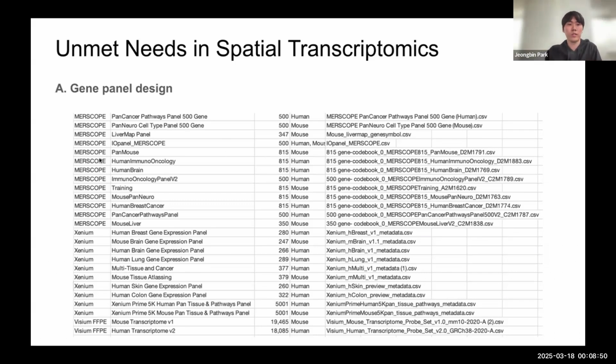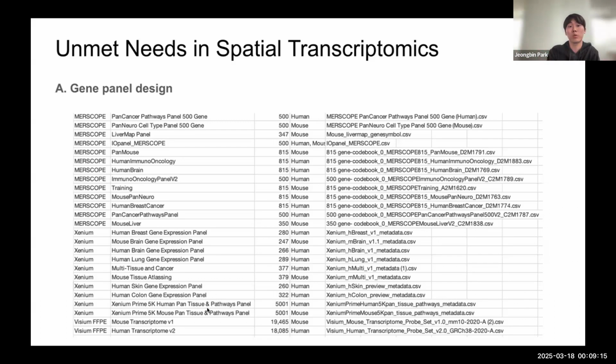So here we can think of Morphscope and Xenium, and this is up-to-date information about the panels they provide. Morphscope, developed by BGI, provides something like 300 to 800 panel genes, and Xenium provides a few hundred to even 5,000.